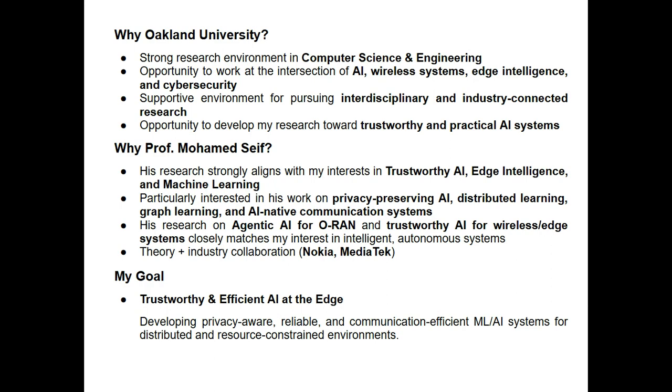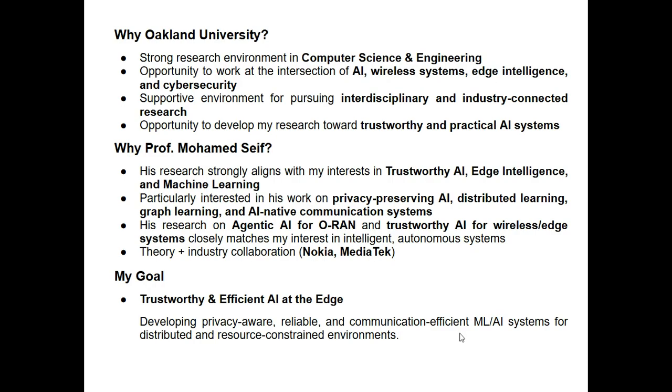So basically, the same thing you have to do here is that the professor's current work or research interest needs to be closely aligned with your research interest. Suppose the professor is currently working on machine learning and AI, so if you want to work with those, then you can add that you also want to work with reliable and communication-efficient ML or AI systems.